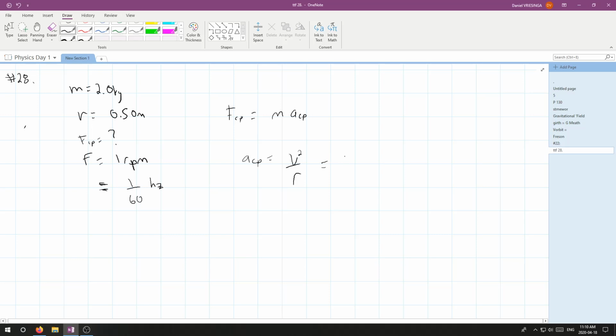So I need to change this to the formula 4 pi squared r f squared, like that. And that will get me all the numbers I need. And if I go to find my centripetal force, then it's just mass times 4 pi squared times my radius, which I know, and then times my frequency squared, whatever number you get will be in newtons.